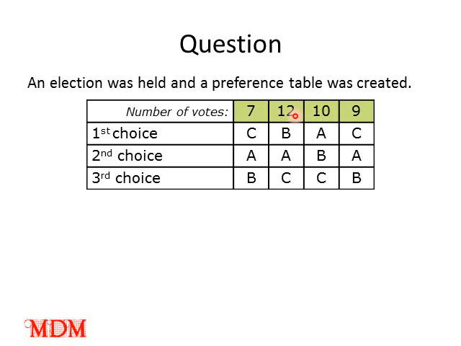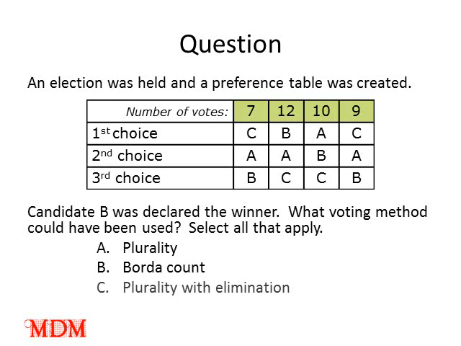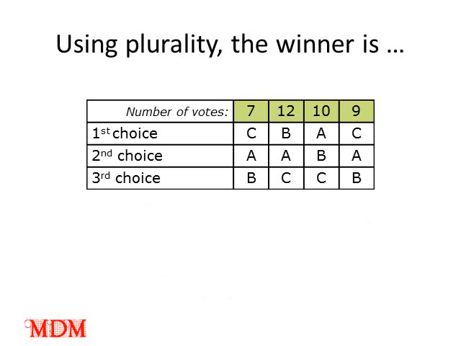There are 12 people who voted B first, A second, and C third, and so on. Candidate B was declared the winner. What voting method could have been used? Select all that apply. A, plurality, B, Borda count, C, plurality with elimination, and D, pairwise comparison.